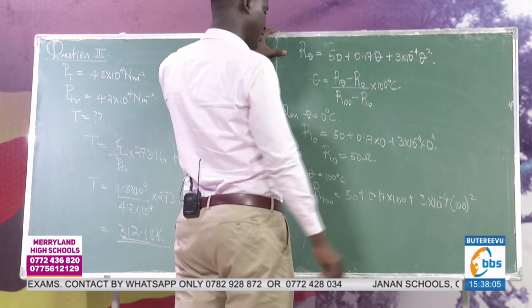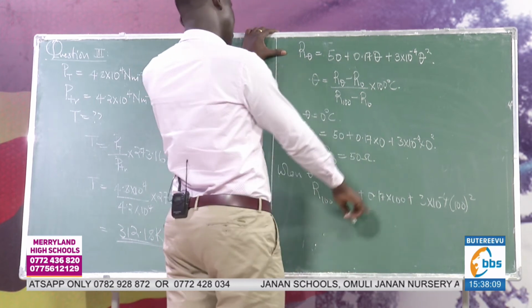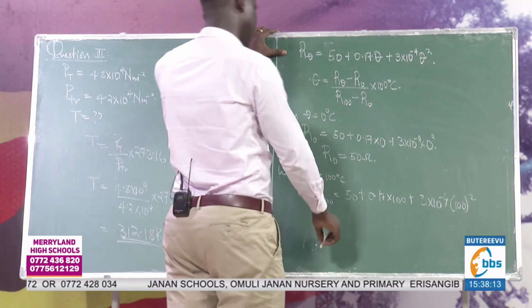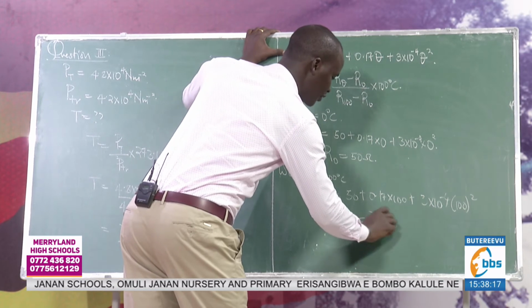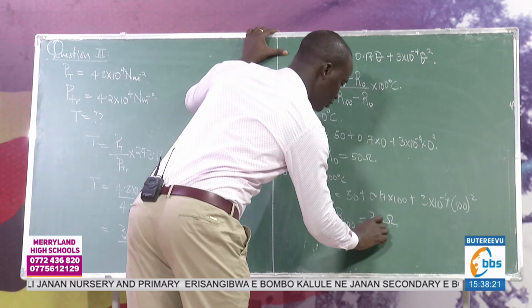From the law of indices, this leaves me with 3. I shift this twice. This is 17, then plus 3. That gives me 20, then plus 50. So the resistance at 100 is 70 ohms, forgive me.